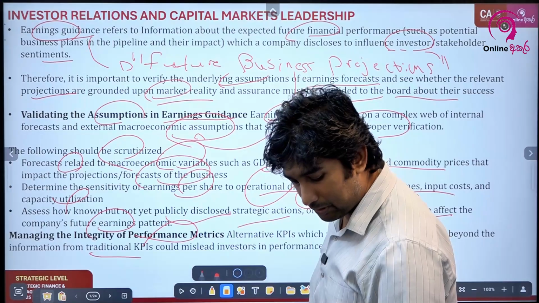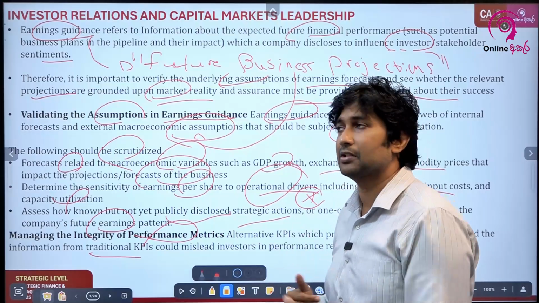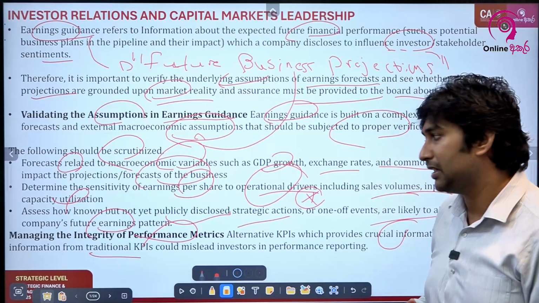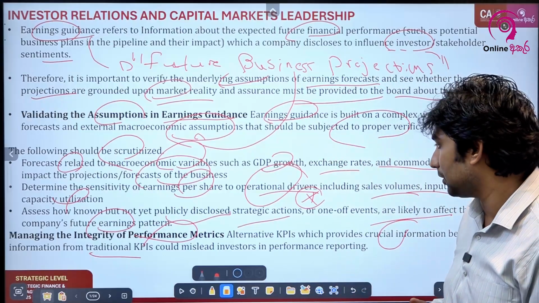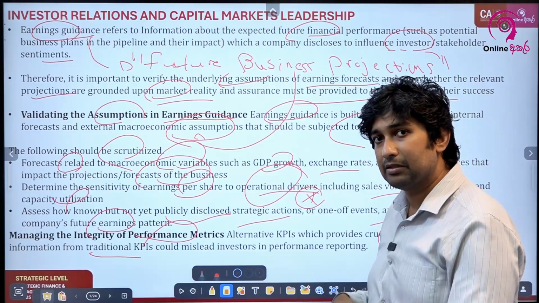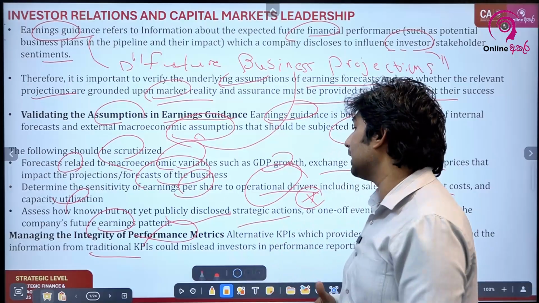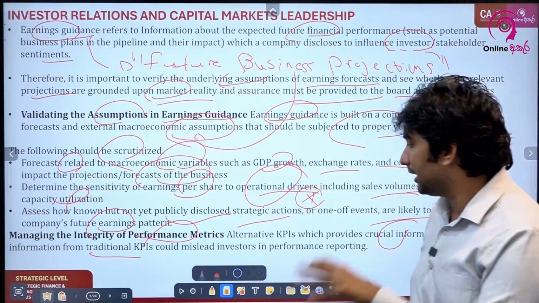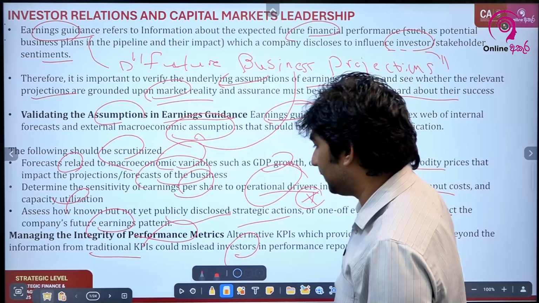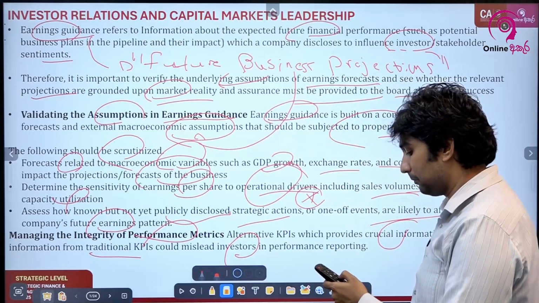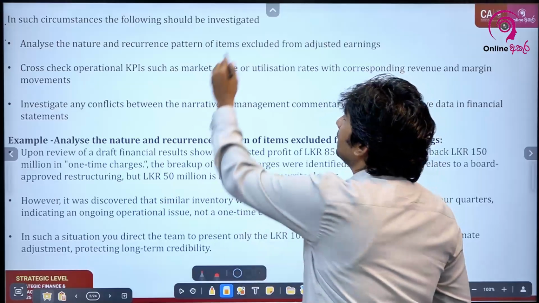Sometimes, with the intention of showing a misleading picture about the organization's financial performance or position, organizations tend to do is, rather than giving the suggested KPIs of performance, they will disclose alternative KPIs of performance, probably with the intention of misleading the investors. So when alternative KPIs are provided, you need to verify them to see whether these alternative KPIs are actually showing the correct picture. So you need to investigate the following.